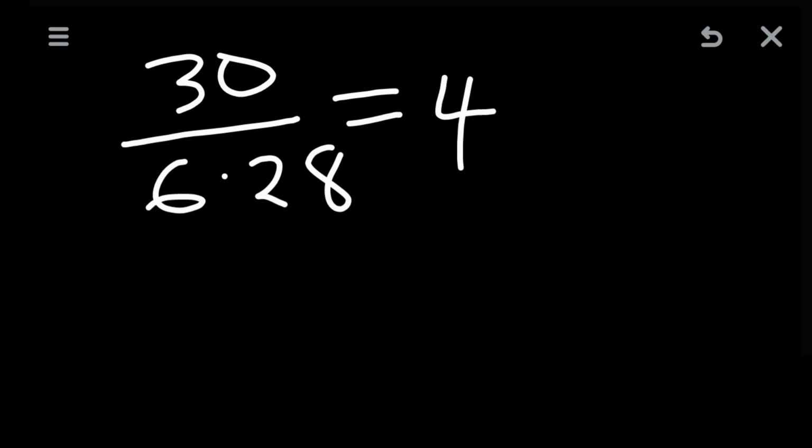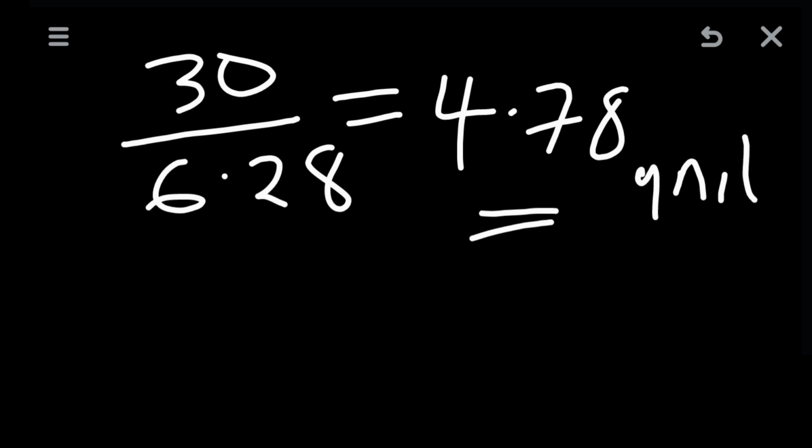So this then gives us 30 over 6.28, which will finally give us 4.78 units.